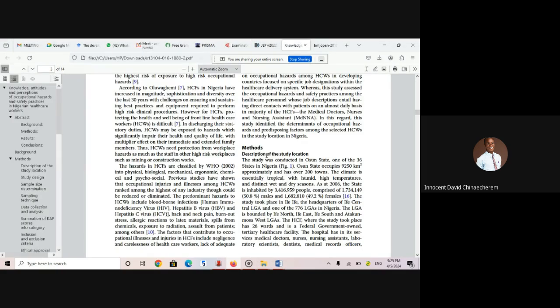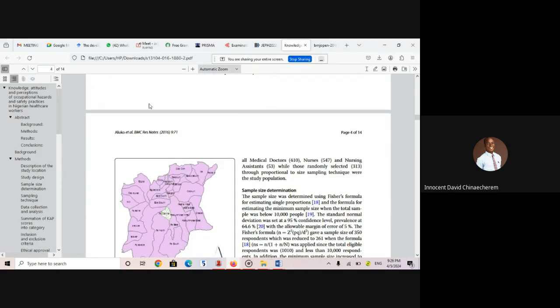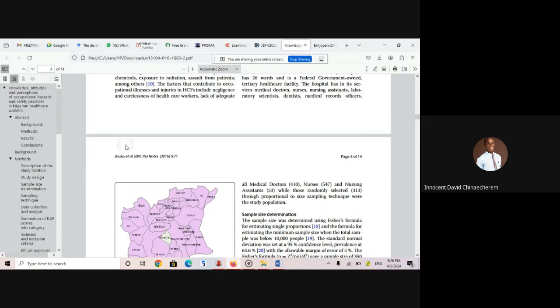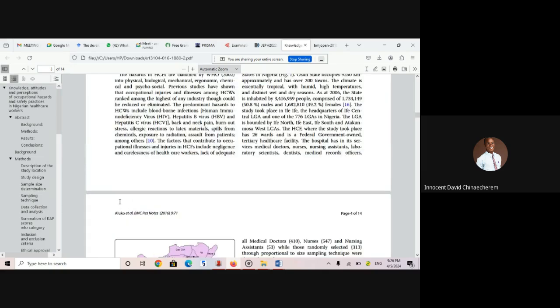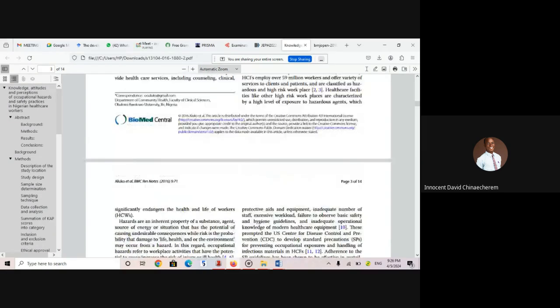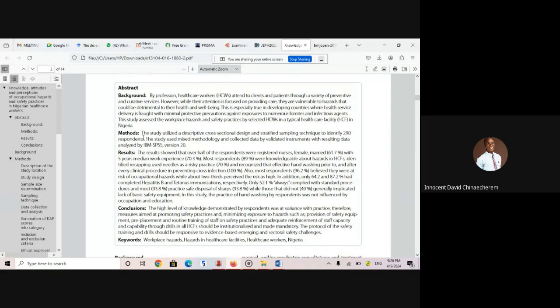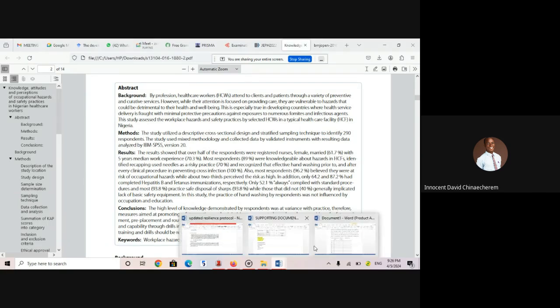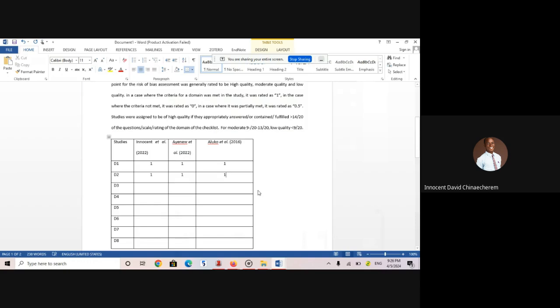I check it out. Was the study design stated? I read it, return back to the abstract. The cross-sectional design was utilized, so it's clear. 1.